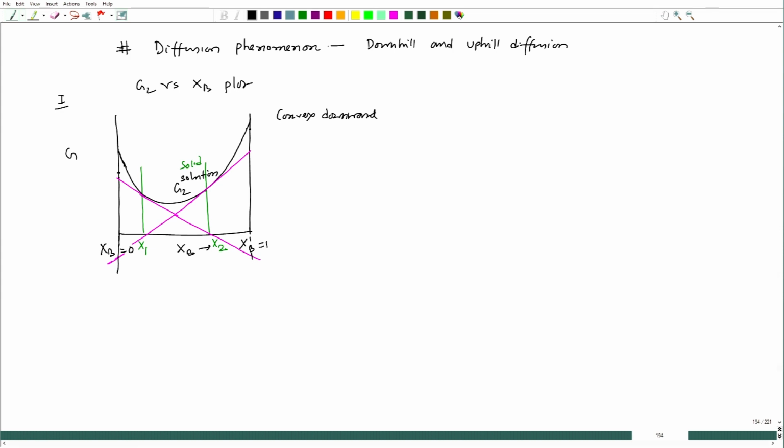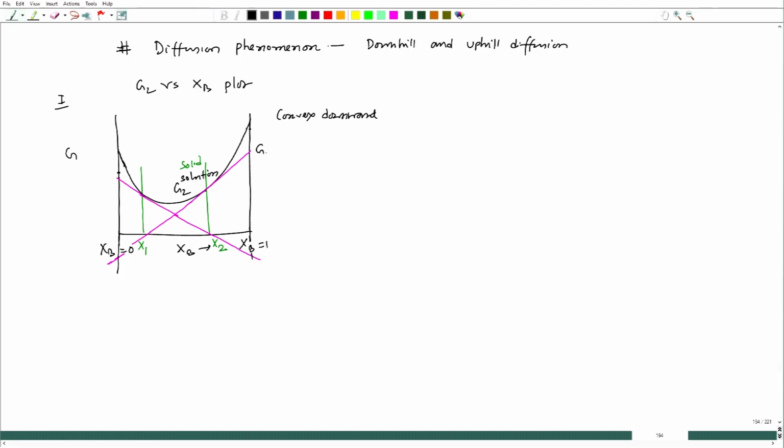Now I can mark those cutting points with the pure metal axes, which we can consider as chemical potential.